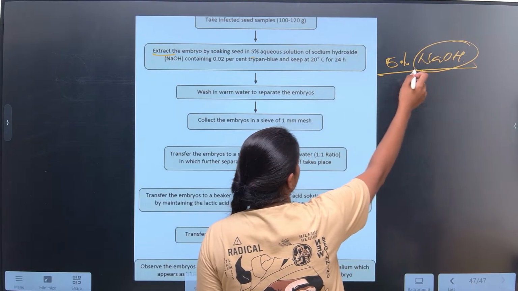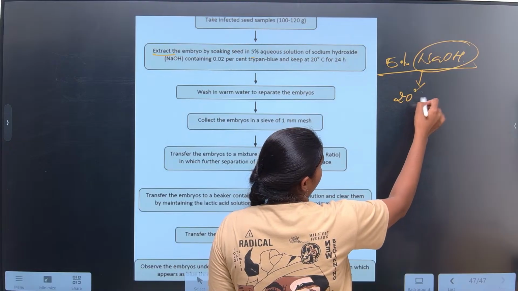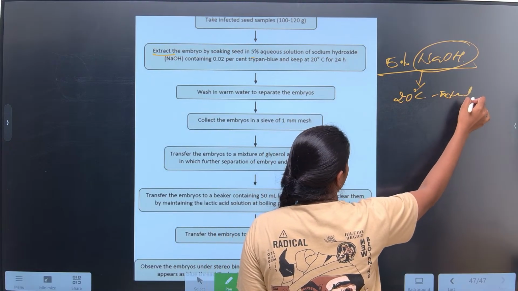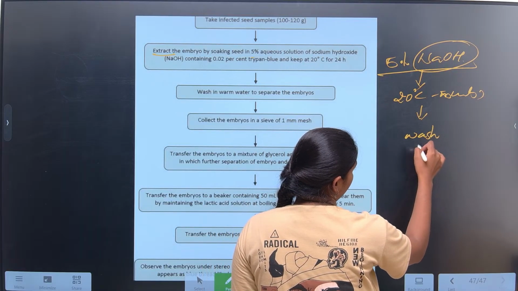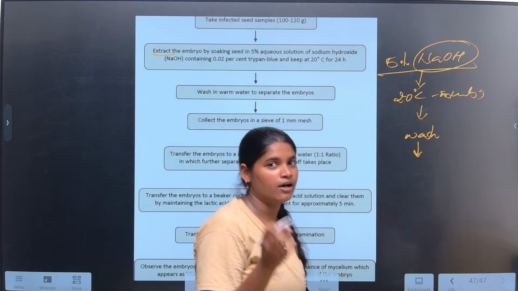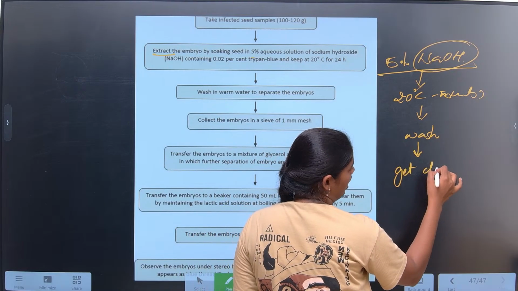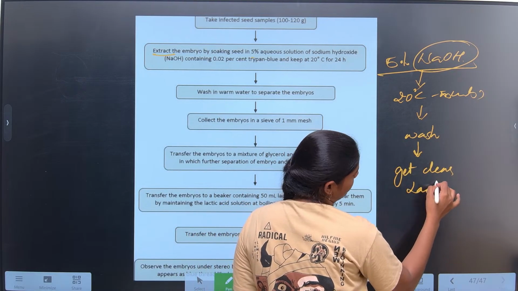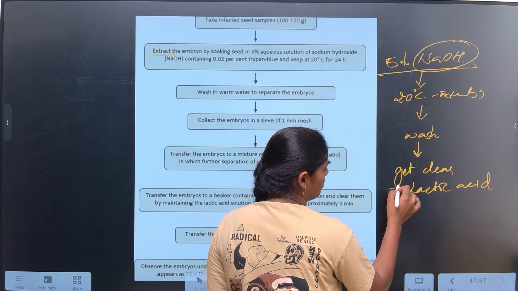For embryo extraction, we use 5% NaOH. Then we keep it for incubation at 20 degrees Celsius. After that, we wash it in warm water so that we can see the embryos. To make them clear or transparent, we use lactic acid. It makes the embryo very transparent.